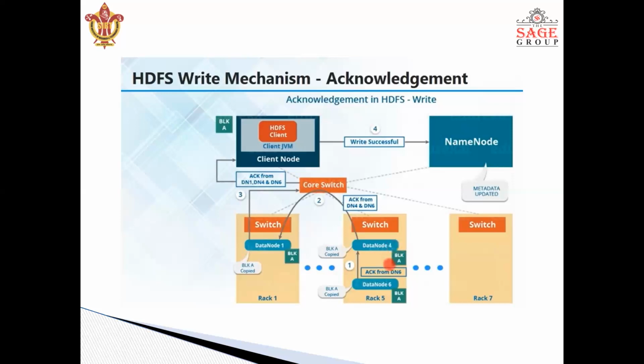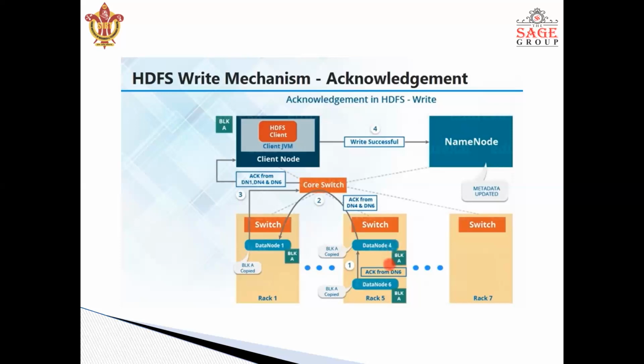So all the details about the data stored on the data nodes are in the name node. Hence, the name node updates the metadata about where all the blocks are copied, in which data node. So this is how the write mechanism takes place.